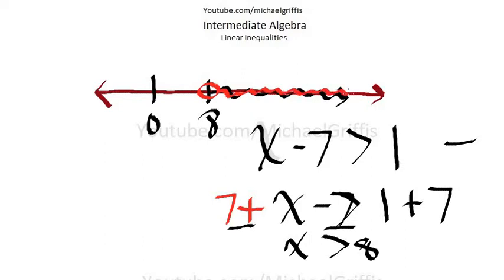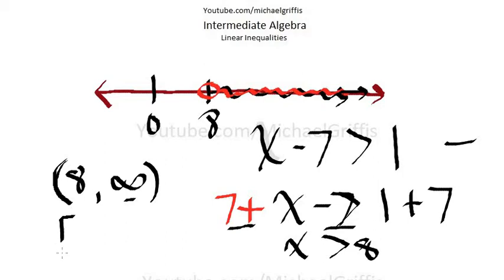Now there's another way of expressing this, and that is writing it like such. If I say everything is greater than 8, that means that we can go out towards infinity, so you see I use the infinity symbol here. This open parenthesis means that we don't include 8.